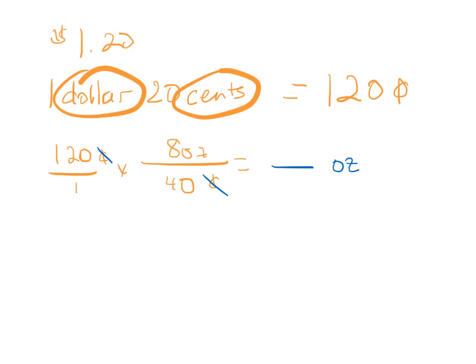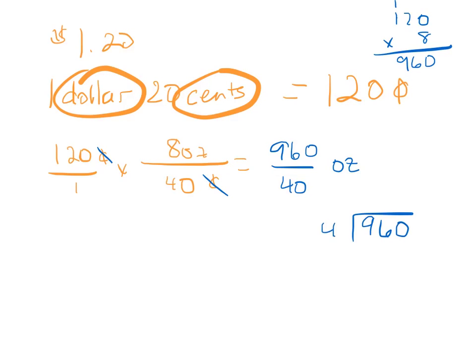120 times 8. Do that up here. 0, 8 times 2, 16, carry the 1, 8 times 1 is 8, plus 1 more is 9, so 960 up there, 40 on the bottom. Now I can divide those to figure out exactly how many ounces, so 960 divided by 40, and then I'll go in there 2 times.